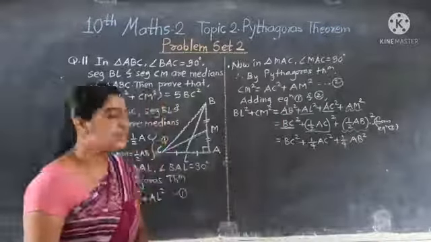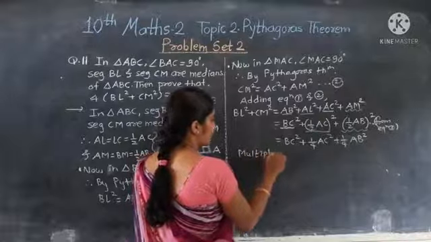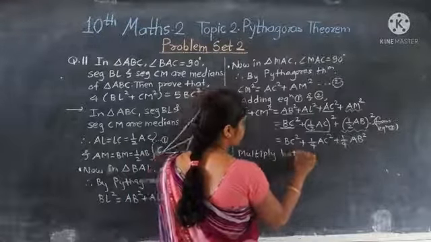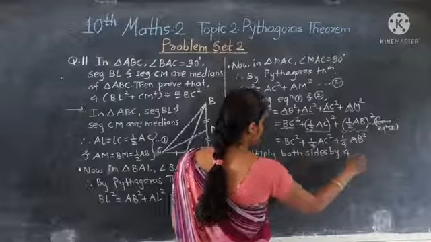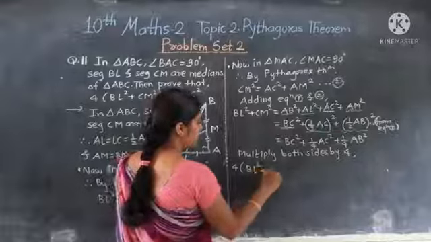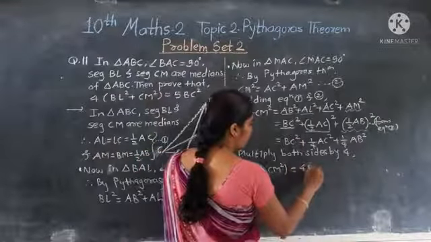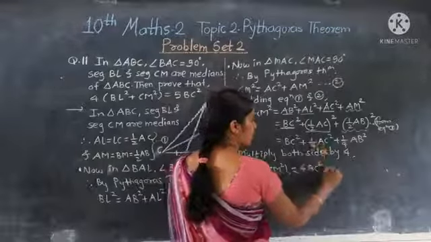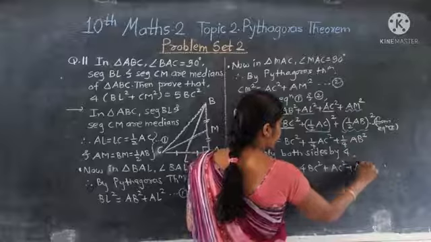So here the denominator is 4, you multiply both sides by 4. We get 4 into bracket BL square plus CM square is equal to 4 BC square. Here 4 gets cancelled. AC square plus AB square.